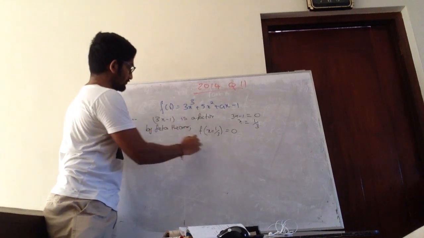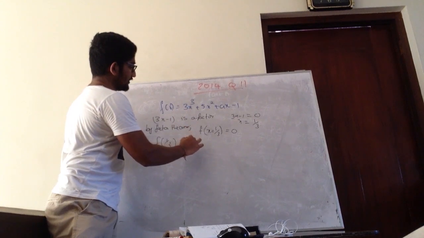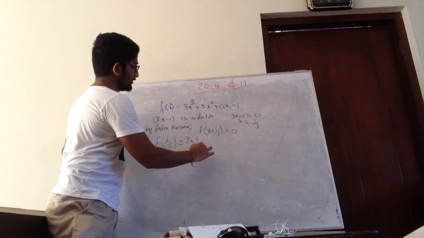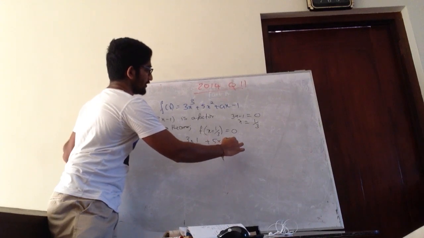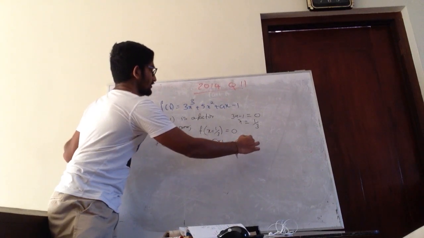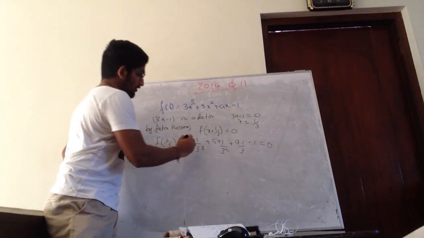That is, 3 times (1 over 3) cubed, plus 5 times (1 over 3) squared, plus a times 1 over 3, minus 1 is equal to 0. Correct? So I can cut these off.